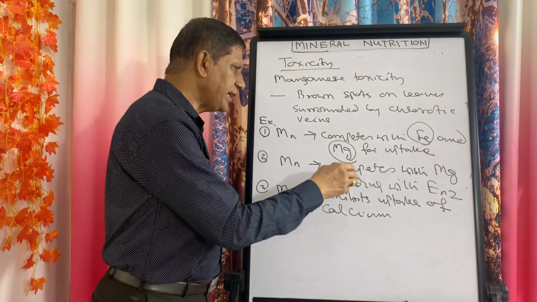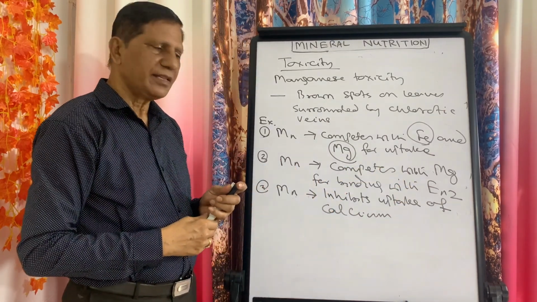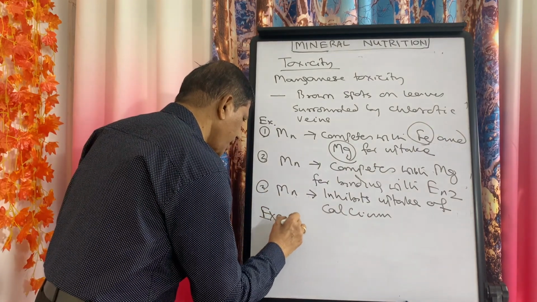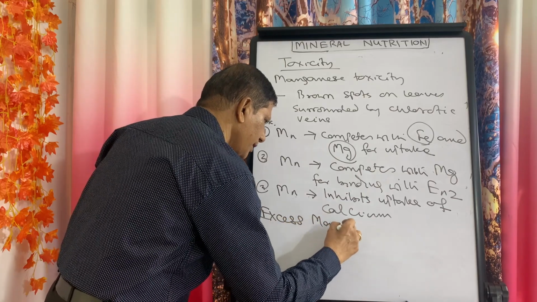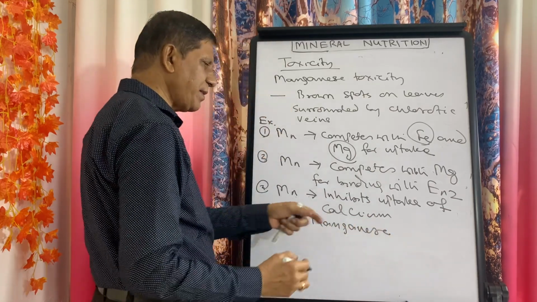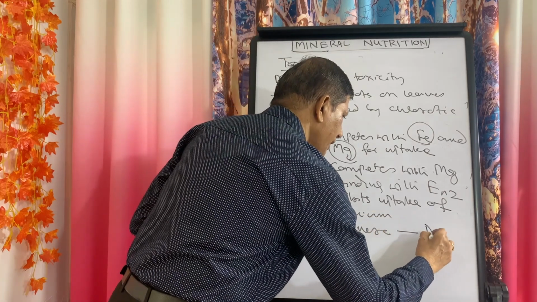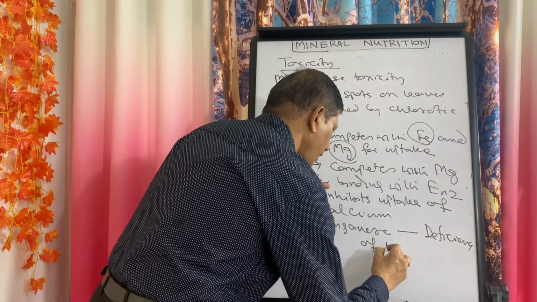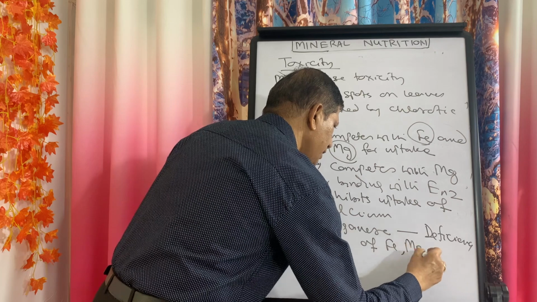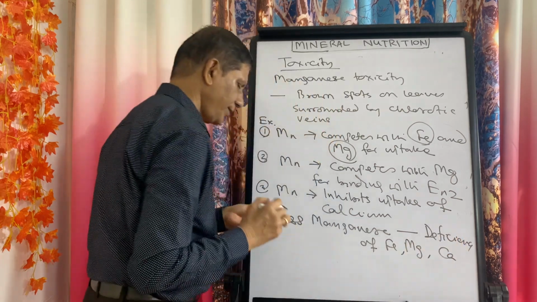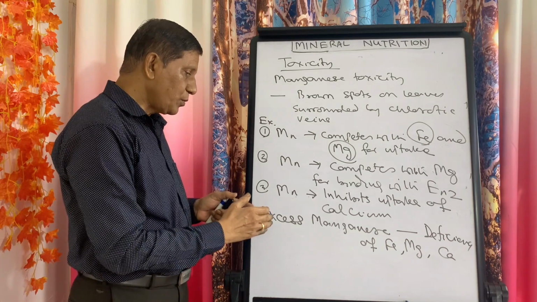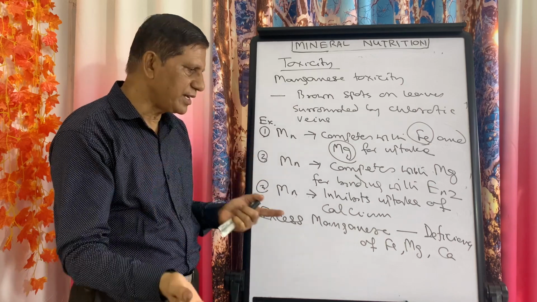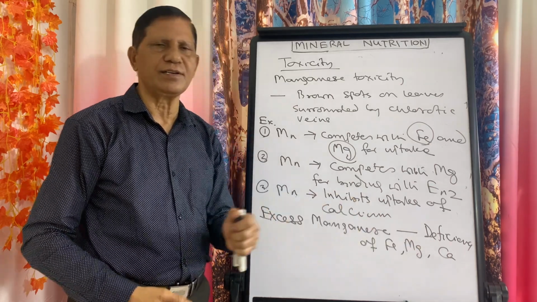And third, it inhibits uptake of calcium. That means when there is excess manganese, there will be deficiency of iron, magnesium and calcium side by side.